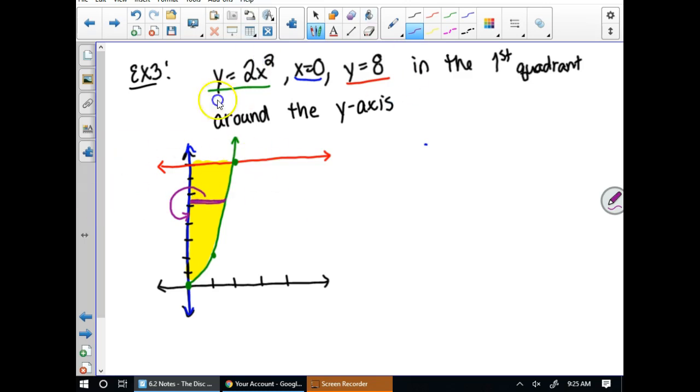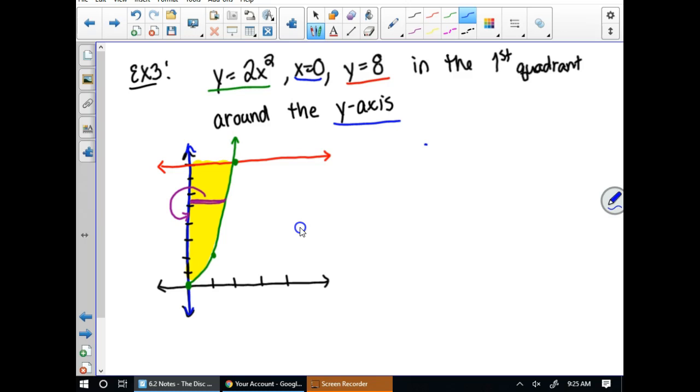If you do it in terms of x, it's not giving you that horizontal distance, it's giving you a vertical distance, which would be like the area under the curve here. So if you're rotating around a vertical line, you have to integrate with respect to y. If you're rotating around a horizontal line, you have to integrate with respect to x.